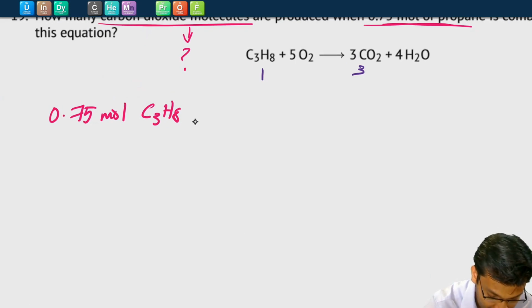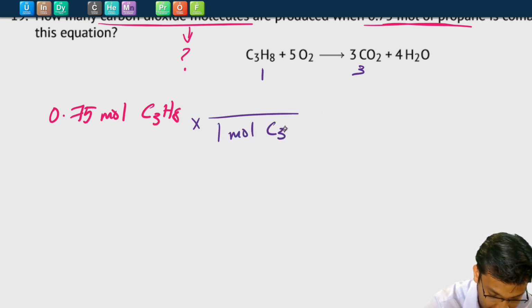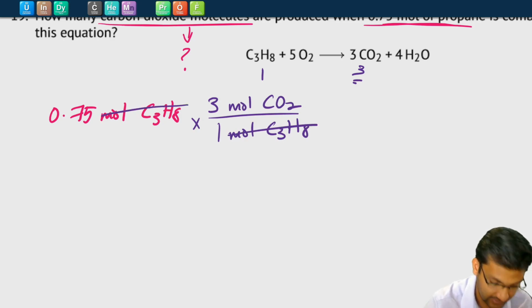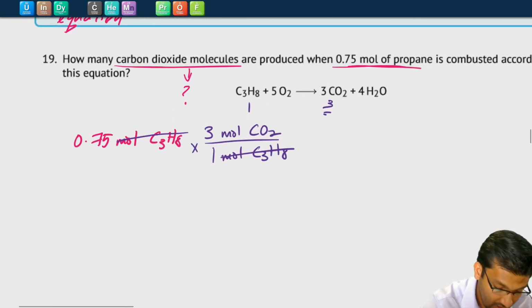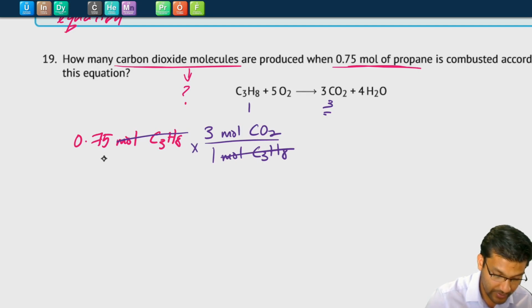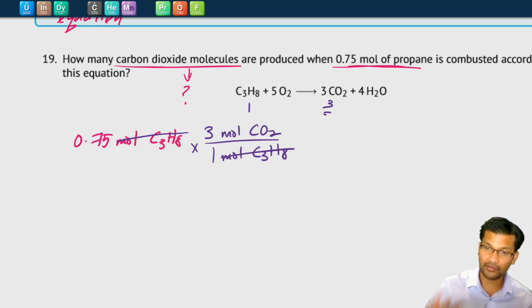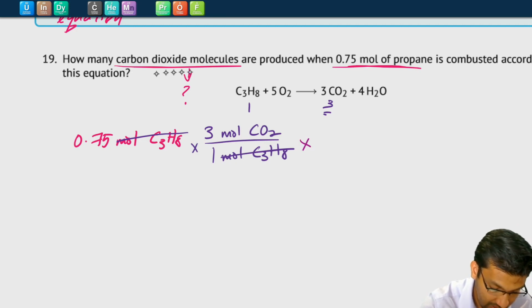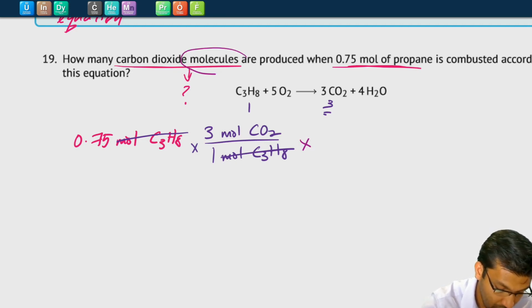So let's write that. And since we need to cancel out moles of propane, we'll put that in a denominator. For every 1 mole of propane, C3H8, we have 3 moles of carbon dioxide. So that cancels out nicely. Now that we've converted our moles of propane to our moles of carbon dioxide using our stoichiometric ratio, all that we are left to do is convert that to number of molecules.